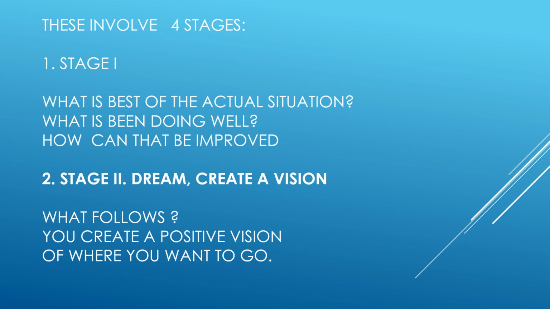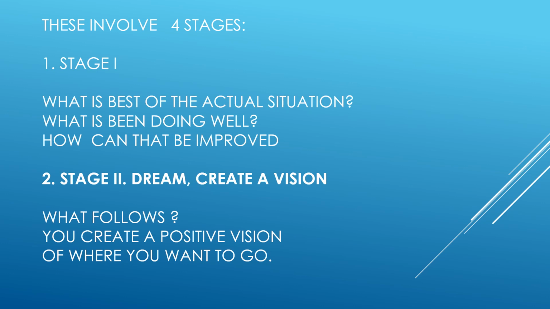The positive model involves four stages, right? The first stage is what is the best of the actual situation and what is being done well. So you determine by observation, by interviews, and by asking, what is the actual situation of the company, or what is being done well.